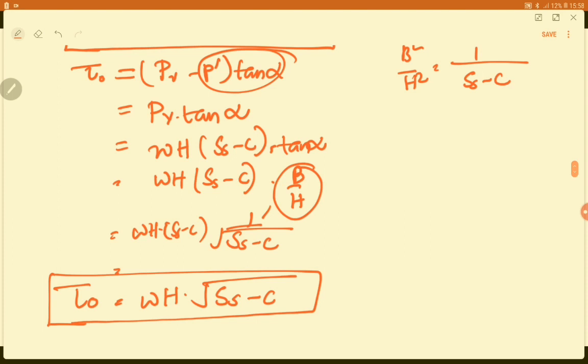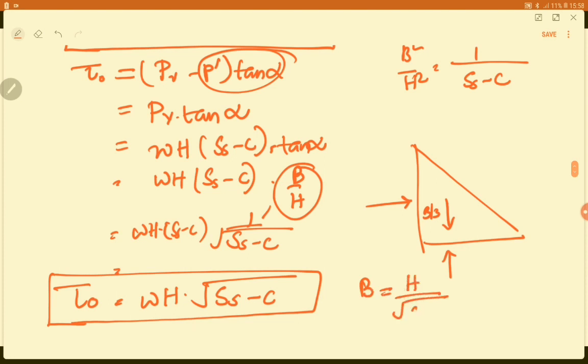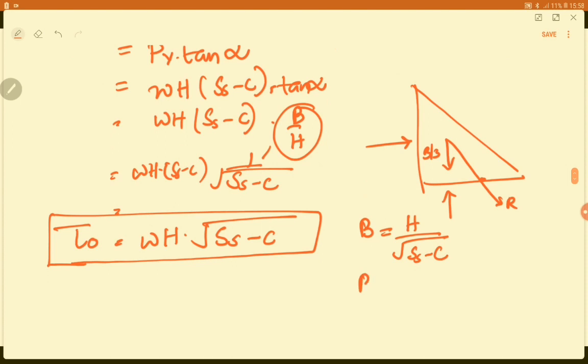So, the elementary profile of the dam is basically a right angled triangle, with the weight acting at B by 3 from the upstream edge, uplift pressure and the hydrostatic pressure. This is the case of reservoir full condition. In that case, the base width will be equal to H by root of SS minus C for the resultant to pass through this point, that is the outer middle third point, and the B value will be equal to H by mu of SS minus C for the sliding condition.